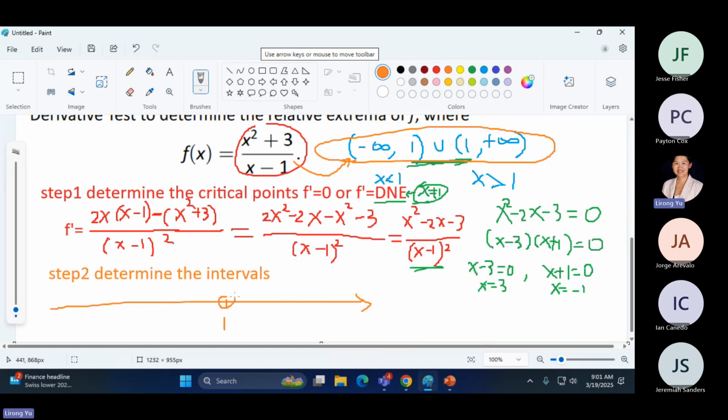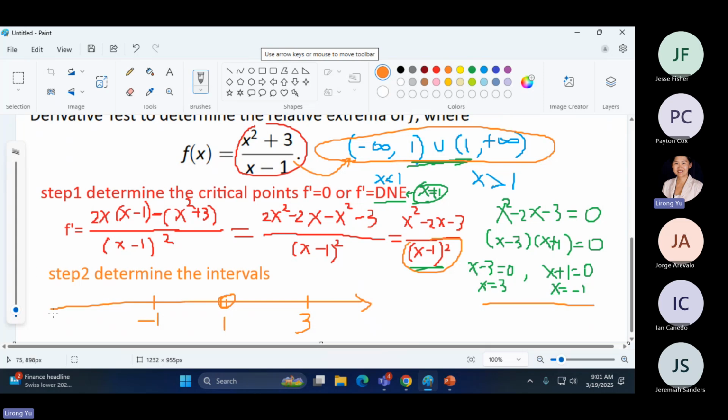At 1, we should have an empty point because 1 is undefined. Then we find 2 other points. Other than 1, we have 3 and -1, in that order: -1 is smaller than 1, which is smaller than 3. So -1 is smallest, then 1, and then 3. All 3 numbers we found in step 1, you have to clearly follow that order and mark them out on your number line.